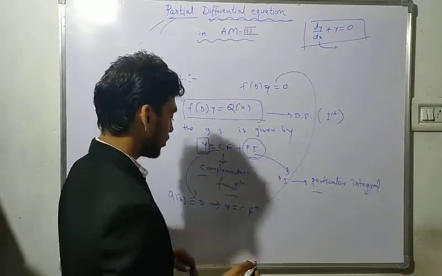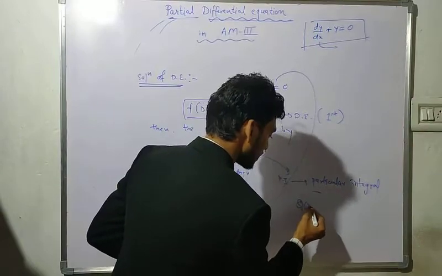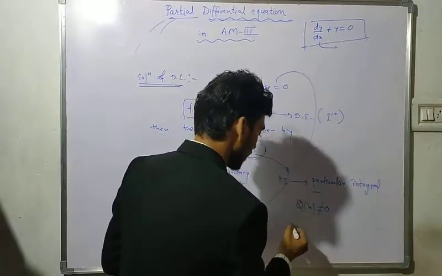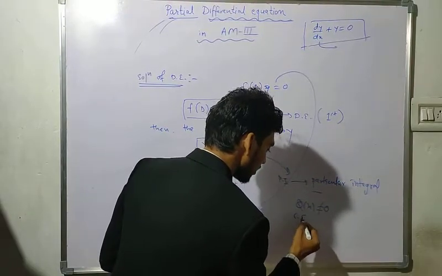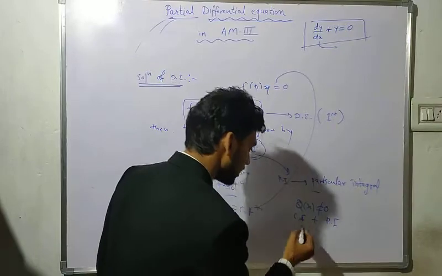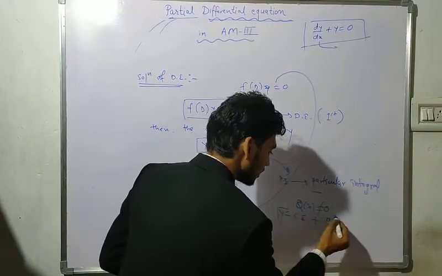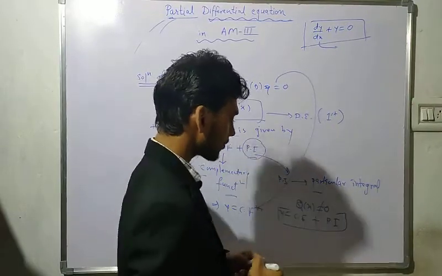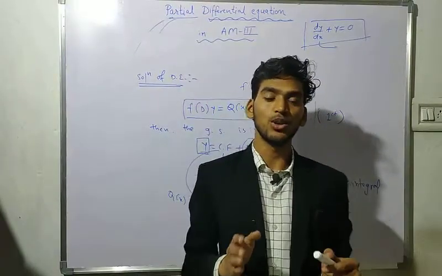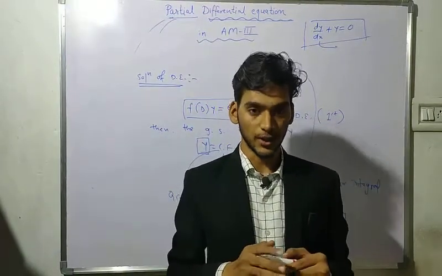And whenever Q of x is non-zero, then we have to find CF as well as PI, both. So the complete solution is y equal to CF plus PI. That is the way to find the solution of a differential equation.